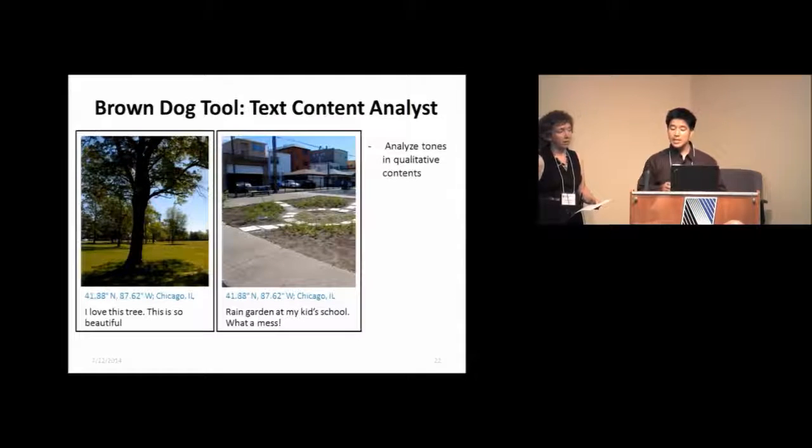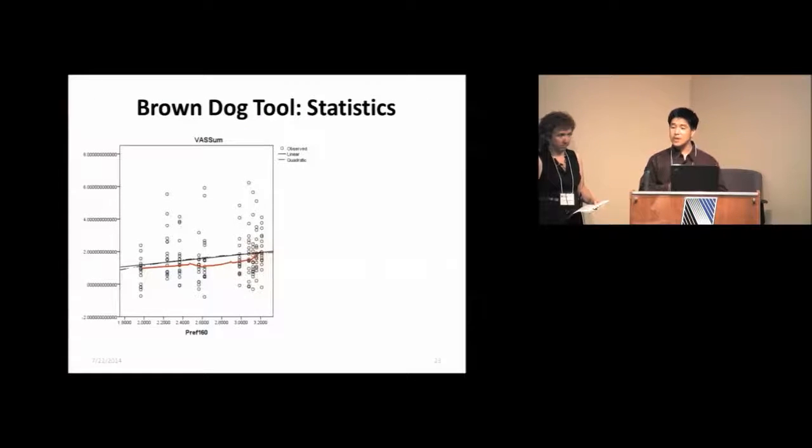So not only can this be analyzed in terms of sentiment analysis, but it can also take the coordinate system and create a map to see the density of where people take photographs and whether they like it or not.